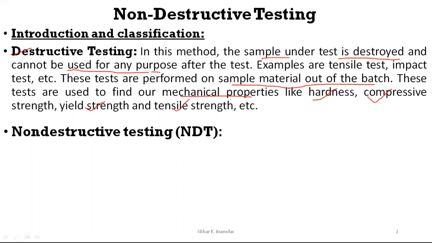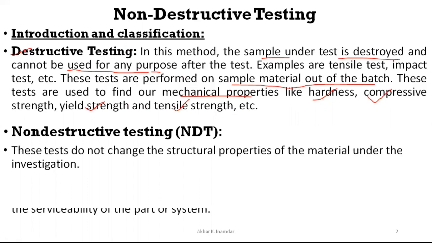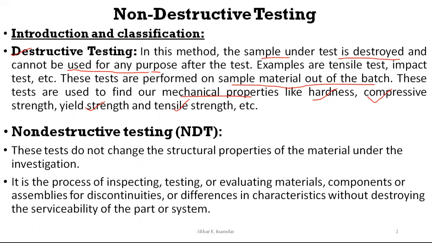Another testing is non-destructive testing. In this testing, the sample is not destroyed. In non-destructive testing, neither the physical nor chemical property of the material changes, so the sample can be used for further purpose.